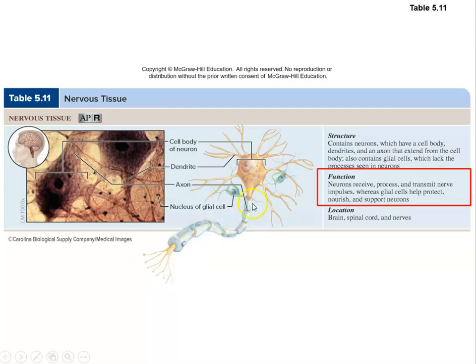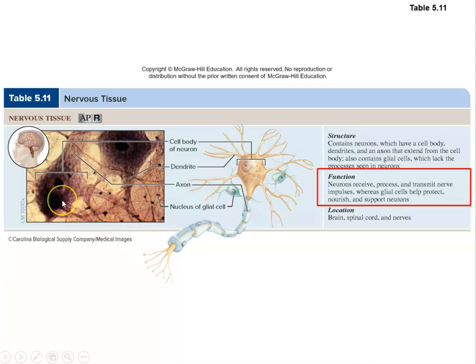So this essentially is the receiving end, and this is the transmitting end of the neuron. The neuron will receive signals to the dendrite, process them, and then send an impulse based on those signals down its axon, and this axon will interact with dendrites of another neuron, or it might interact with muscle cells or a gland, something like that.